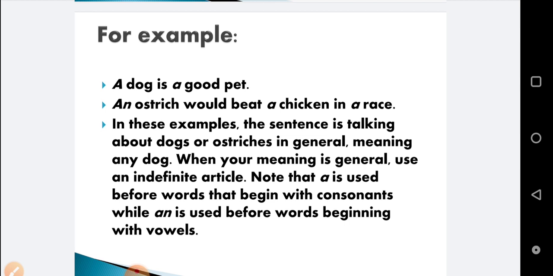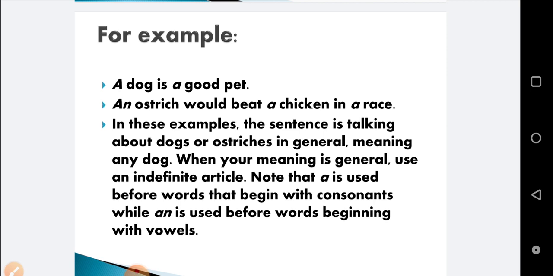In these examples, we are talking about any general pet, a dog, or ostriches in general, meaning any ostrich. There is nothing specific about it. When your meaning is general, you are using an indefinite article.